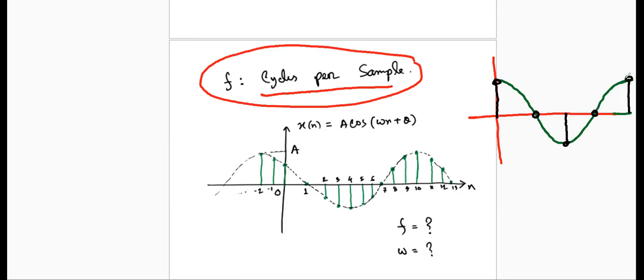So actually this is the 5th sample, so this is 0, 1, 2, 3, and 4. And if I now erase the thing, you'll find that this is my signal. So how the signal looks like: stem, stem, stem, stem, and stem.